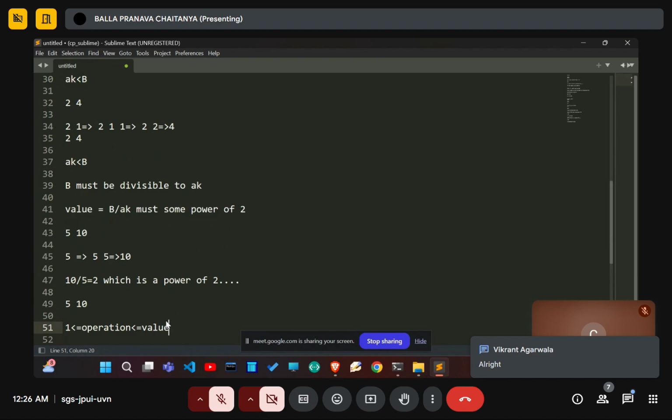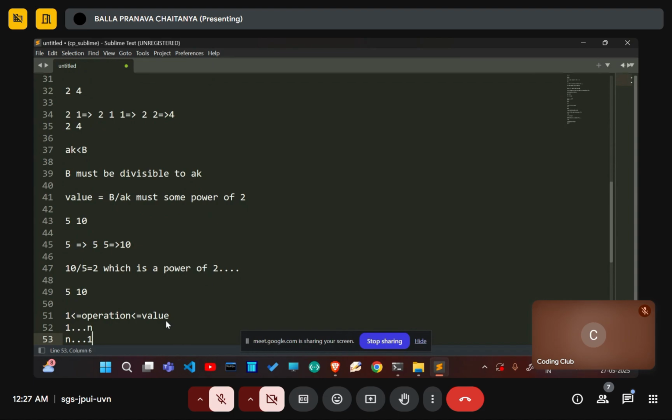You can understand the pattern that the difference between the powers has to be considered in this case. After considering this, simply the maximum operations can be calculated. Then there are the two cases of starting from 1 and going to n, and starting from n and going to 1, like the reverse case, building from left to right and right to left. We'll consider both cases and find the maximum operations.